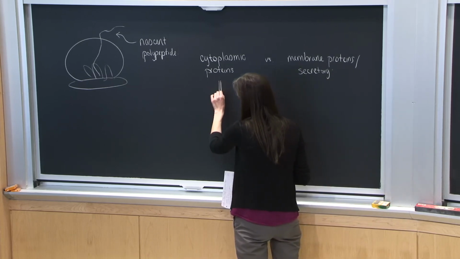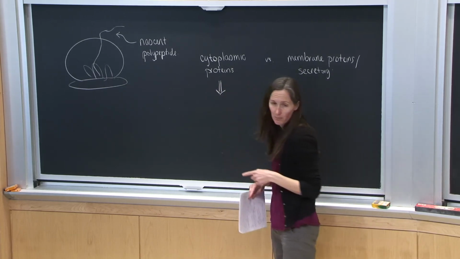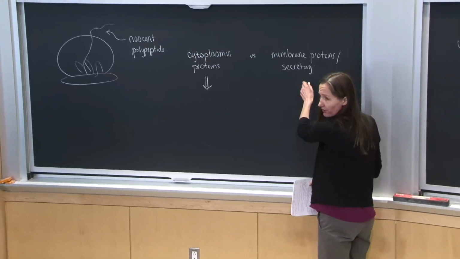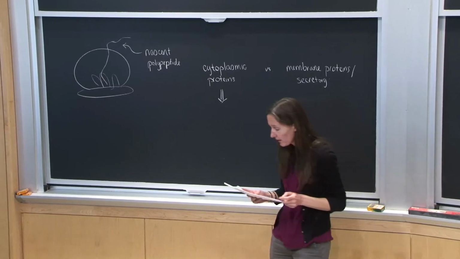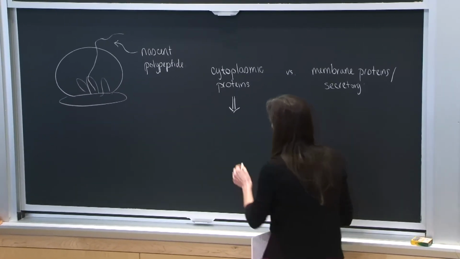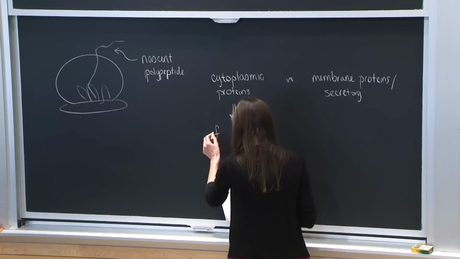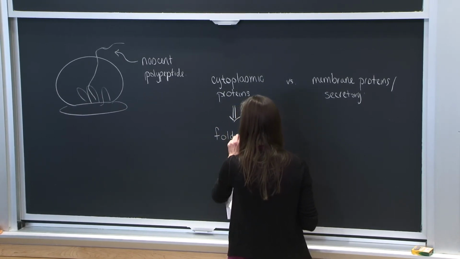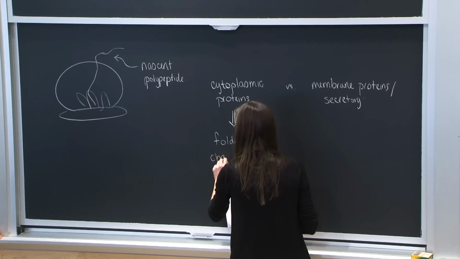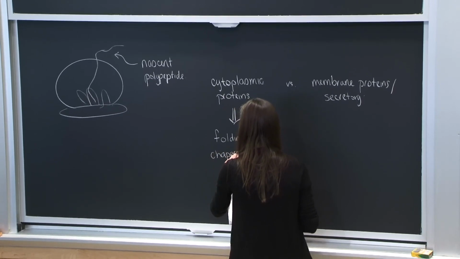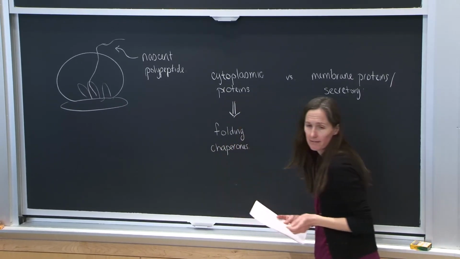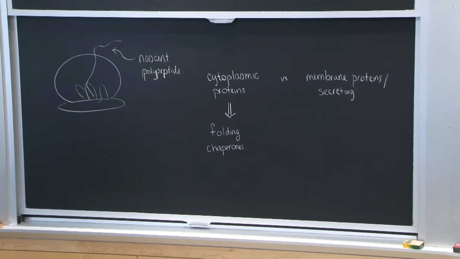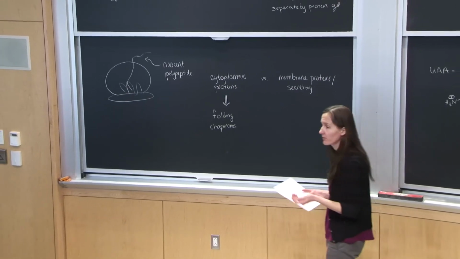We're going to focus this module on what's happening in the cytoplasm. We might touch upon the others if there's time, but I think there won't be. So these cytoplasmic proteins are folded by chaperones that they can come into contact with as they're emerging from the ribosome, or also after the polypeptide is released.